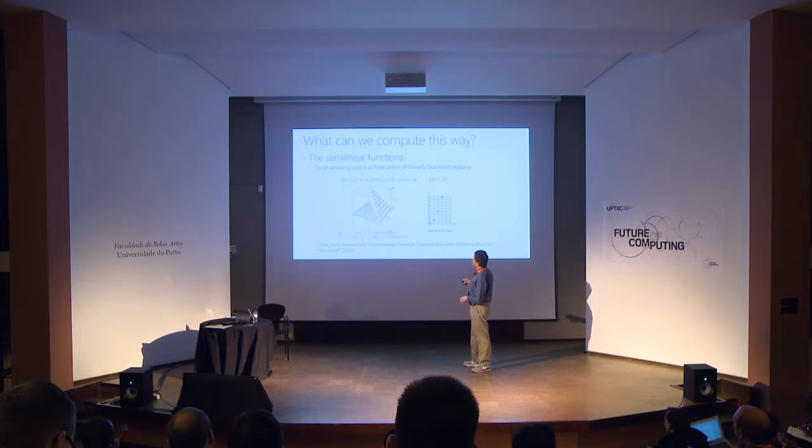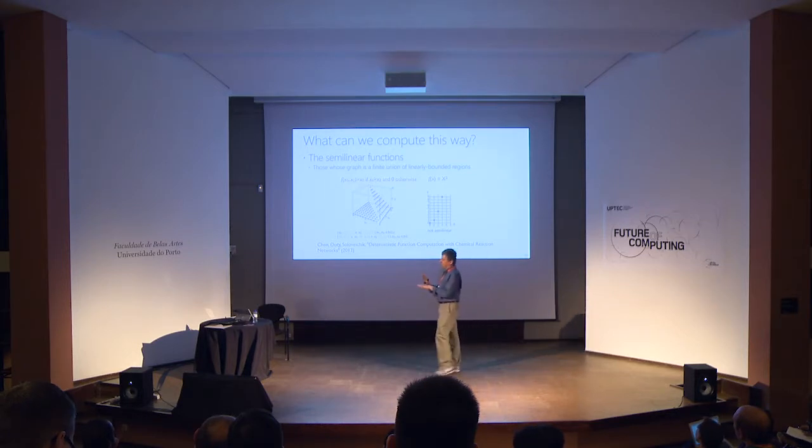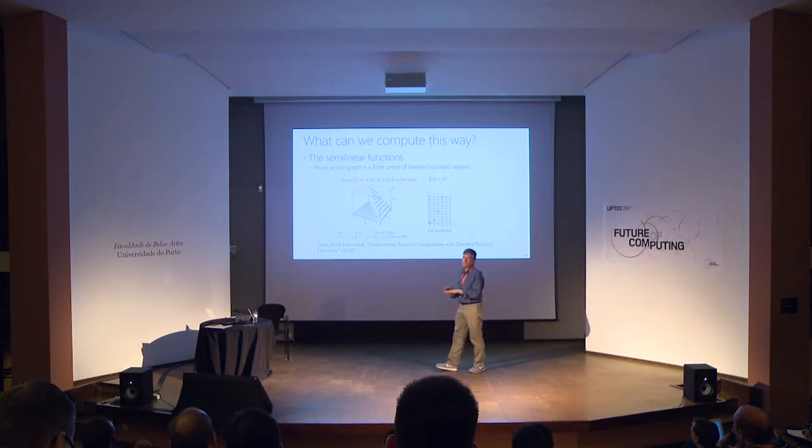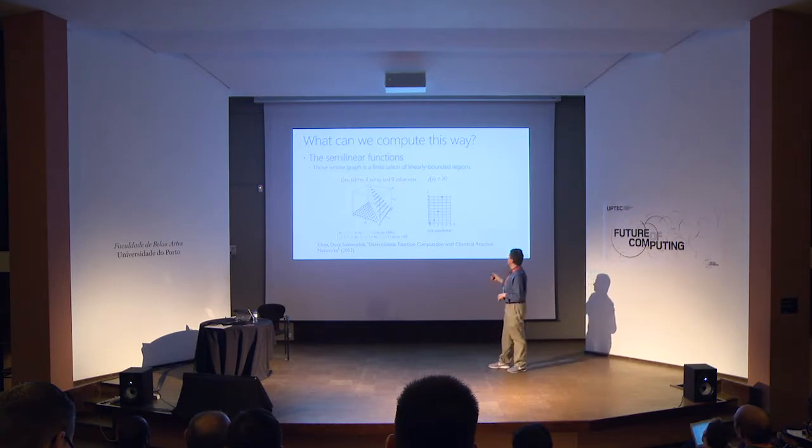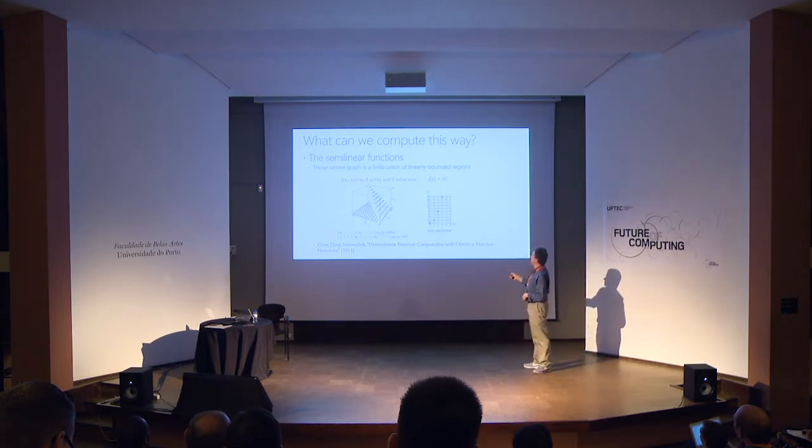If it looks like a union of linear sub-pieces, so this is a linear piece, that's a linear piece, it's called a semilinear graph. All the semilinear graphs can be computed by chemical reactions, and only the semilinear graphs can be computed by chemical reactions. So for example, a function which is squaring something is nonlinear and cannot be computed.